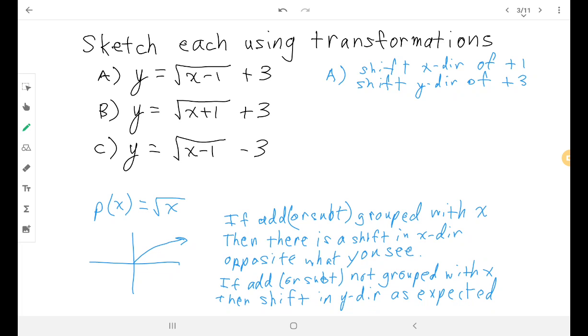I'm going to move everything about this graph right by 1 and up by 3, right? Because the x direction is left and right, and the positive x direction is right, and the y direction is up and down, and the positive y direction is up.